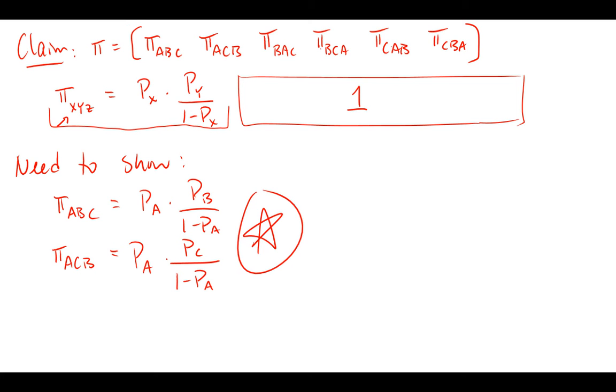Well, if we think about it, these are both statements about pi. Now PA, PB, PC are numbers that we don't know, but they're obviously given to us. So we know the stuff on the right, but we don't know who these pi's are. The claim is that it's equal to this. So how are we going to show something is true about pi? Well, pi is the long-run probability.